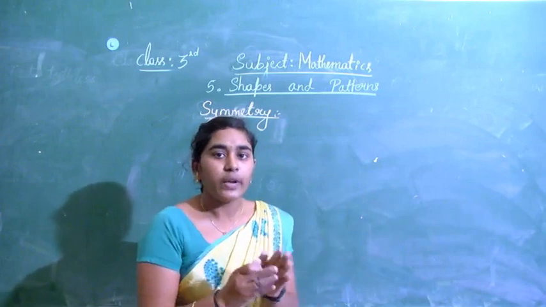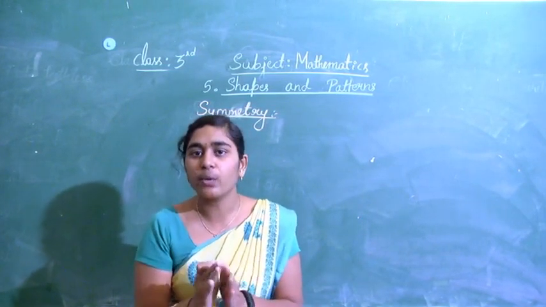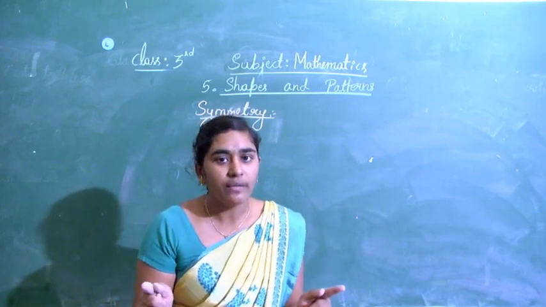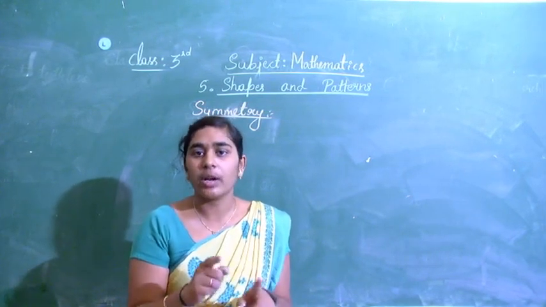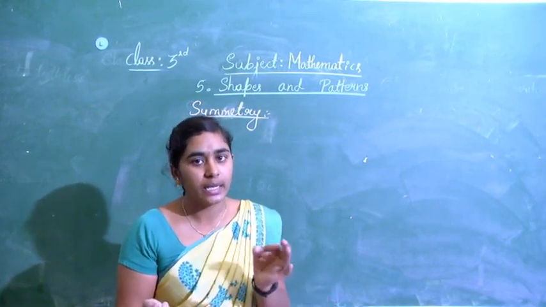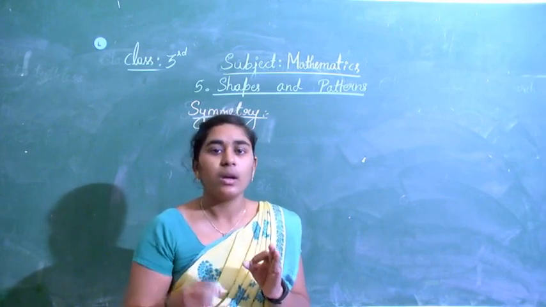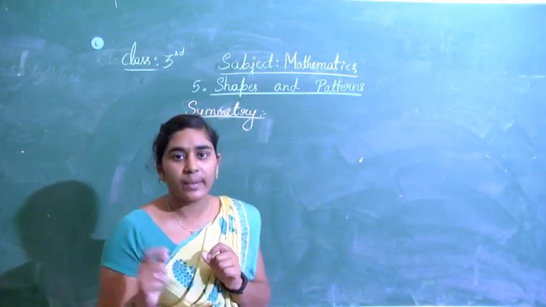Symmetry means we are dividing or separating the given picture into two equal halves, and those two halves should be identical to each other or a mirror image of each other. Then only can we say that it is a symmetrical line. The line which is dividing is called a line of symmetry.